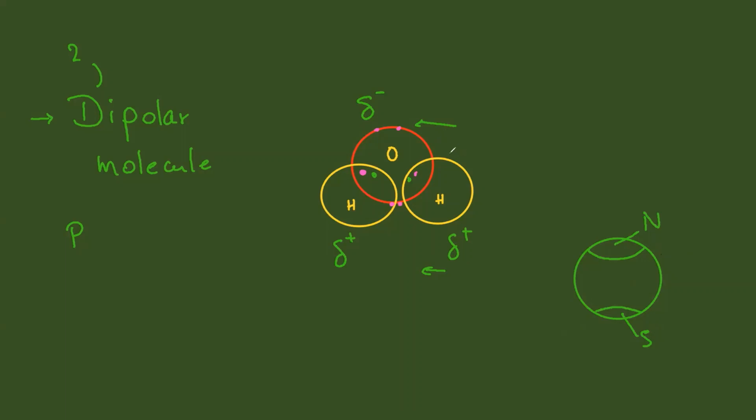And because the water molecule has this shape of the hydrogen and oxygen, this is one pole and this is another pole. Dipolar does not refer to the number of atoms, but it refers to the number of poles of the water molecule, or the position of the oxygen and the position of the hydrogens. You got it now yourself?